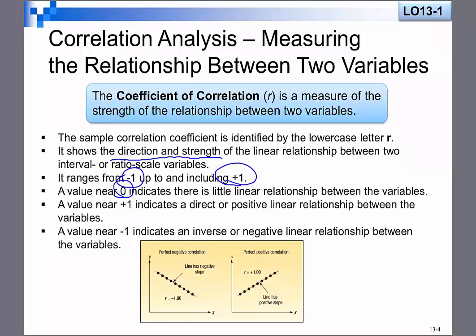So if I have a set of data where one is height for students in the class and the other is GPA, I'll probably get a 0 or close to 0 R, because we're not going to have much of a relationship between a student's height and their GPA.